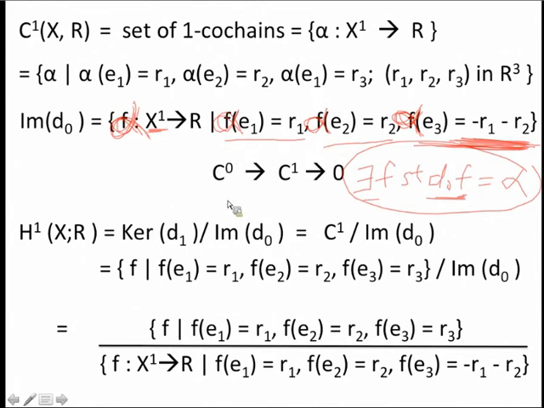So what we now have is my set of one cochains. Here I'm using all f's. I could use all f's or all alphas. I have functions, and these functions are acting on my edges. So that's my one cochain, the collection of functions acting on my edges.